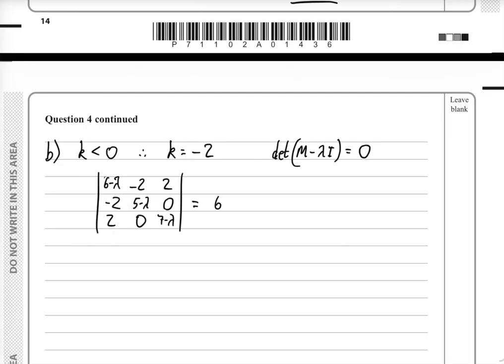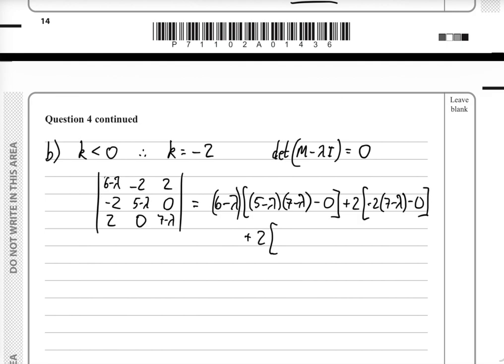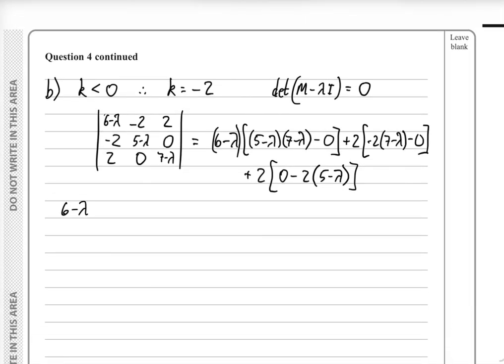So that gives us 6 minus lambda times 5 minus lambda times 7 minus lambda, minus 0 times 0, minus minus 2 times minus 2 times 7 minus lambda, minus 0 times 2, plus 2 times 0 minus 2 times 5 minus lambda. I feel like there are a lot of negatives in here. Writing that out, 6 minus lambda.